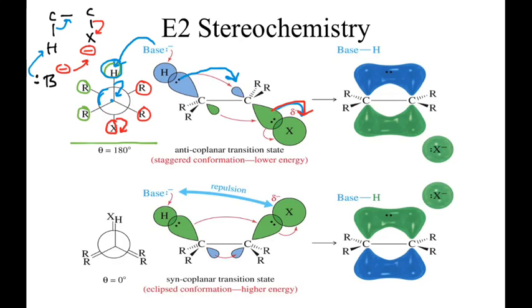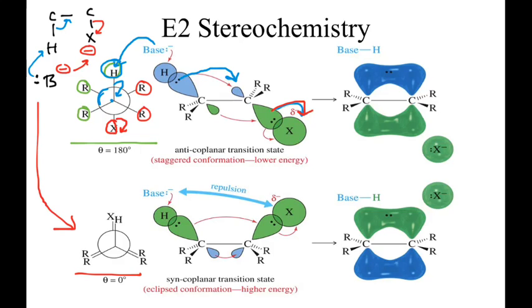Okay. Let's look at the Newman projection if the hydrogen was not in the anti-alignment. If it was in the projection that I've got drawn in the upper left-hand corner, where our hydrogen is being pulled off from the same side as the halogen. First off, we run into an issue because we're now eclipsed.